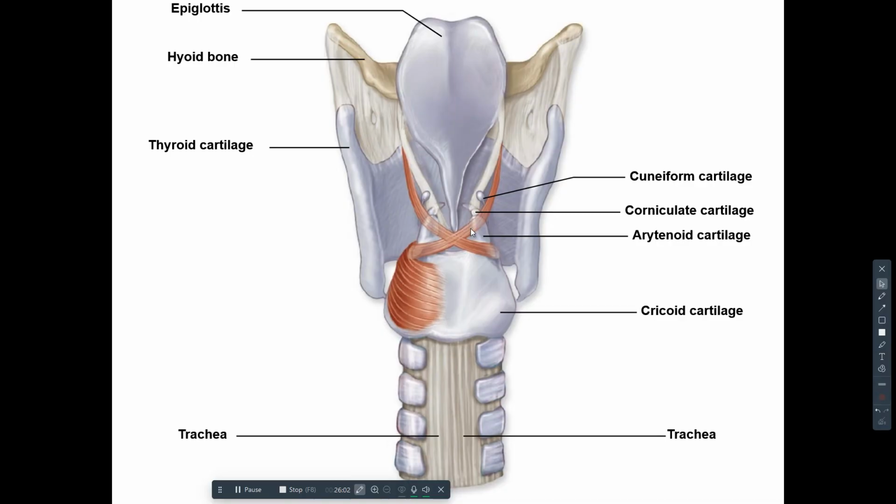And I do see my other three cartilages as well, my arytenoid, my corniculate, and my cuneiform cartilages. Now, everybody but the epiglottis is made of hyaline cartilage. The epiglottis is made of elastic cartilage because it is the one that is folded, that is used as the lid to the larynx to cover it up when we swallow.